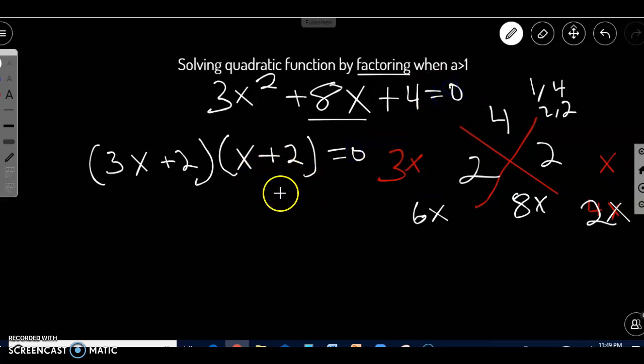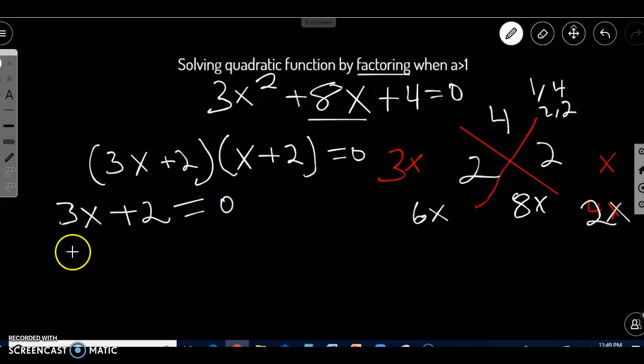Okay. So now we have been able to use a factoring method to get the factors. These are the factors right here. So we are going to solve it. We set each of them equal to 0 and solve for the solution. So 3x plus 2 equals 0. That means we have to take the 2 over here.